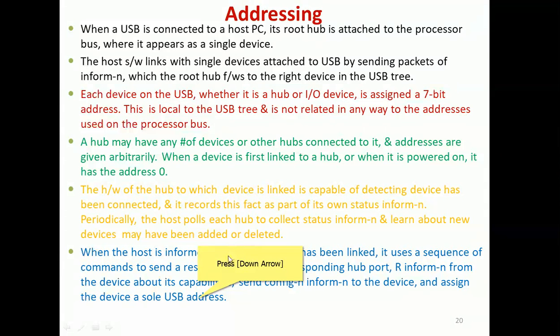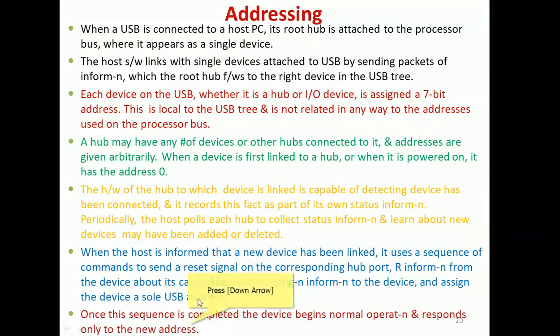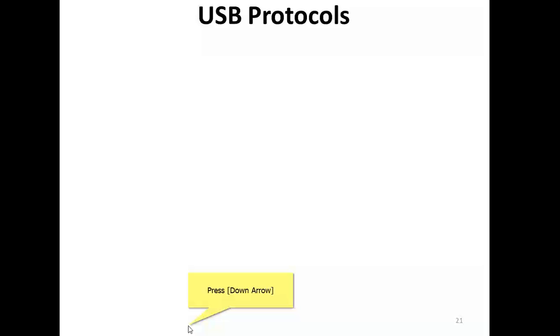Once the sequence is completed, the device begins normal operation and responds only to the new address. So the addition of a device goes through this procedure, guided by the processor.